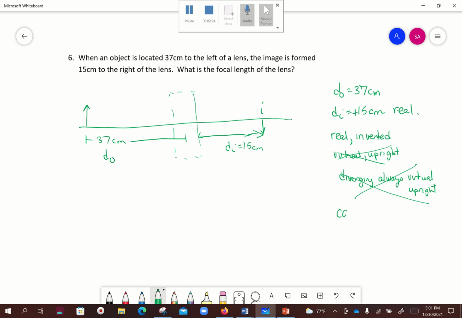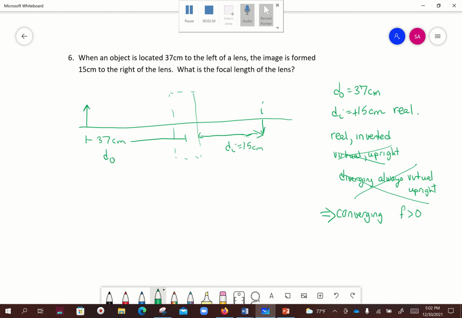It must be a converging lens. And for a converging lens, I should have a positive focal length. And for a converging lens, my image can either be real and inverted, or it can be virtual and upright, depending on whether my object's inside or outside the focal point. All right, so I know I should get a positive focal length.